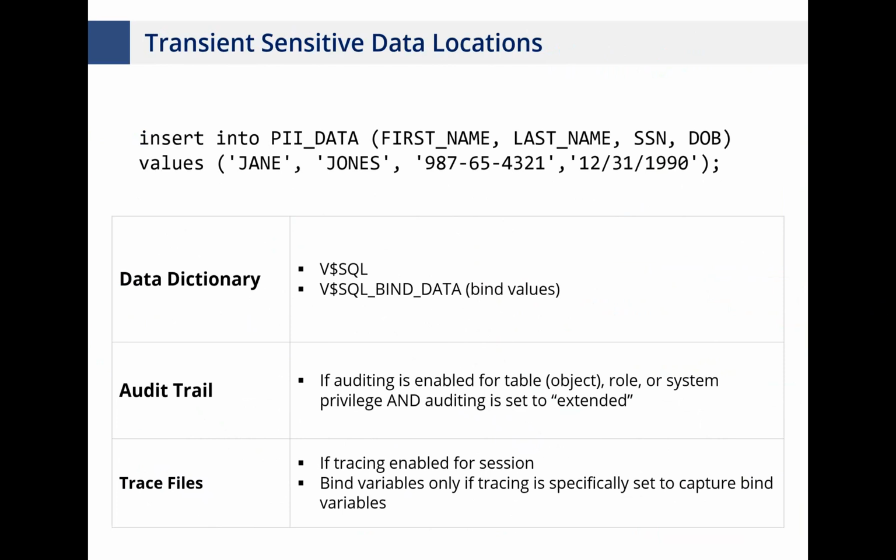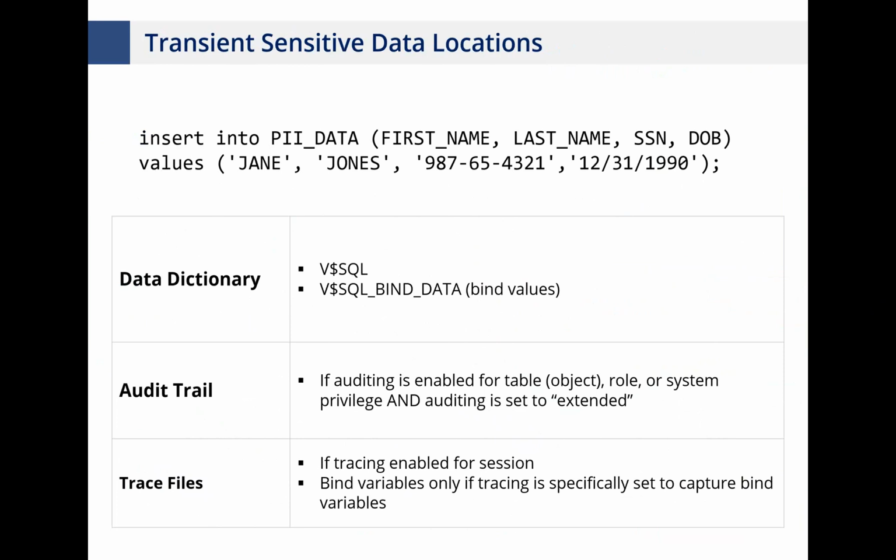Auditing is another area where, in some cases, we don't see it very often for the audit trail. But if you set the Oracle database auditing to extended, or even if you use third-party products like Guardium or Imperva, I may have detailed auditing on certain tables. That auditing may be turned on specifically for the table, or if I'm auditing a role that executes a SQL statement, or someone executing the SQL statement has a certain system privilege, it may be audited.